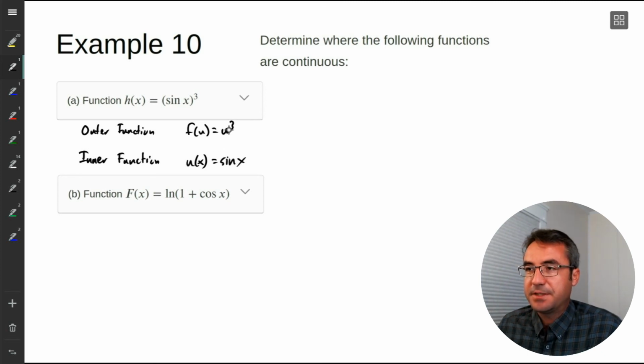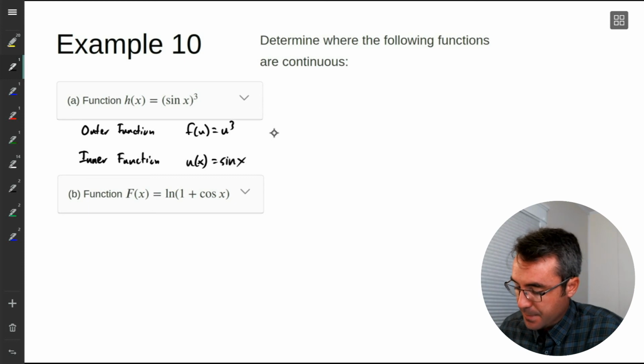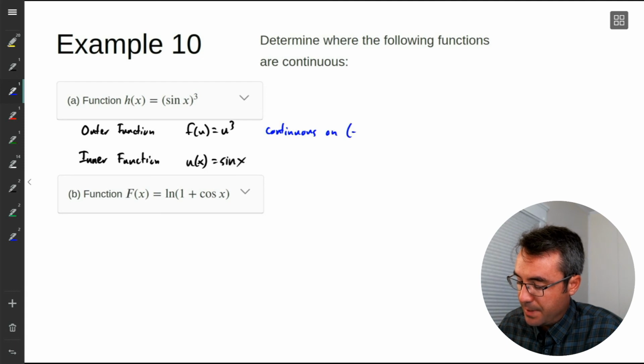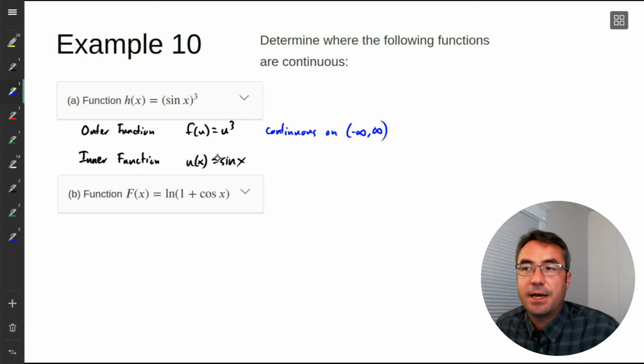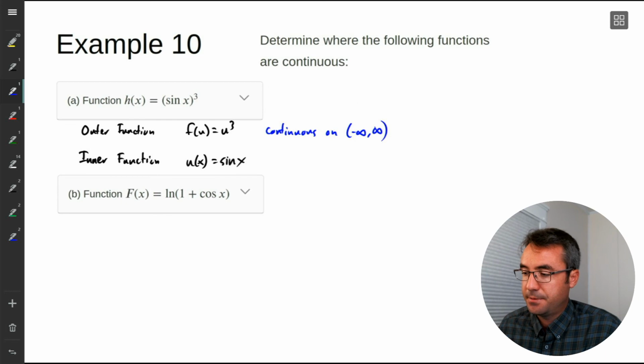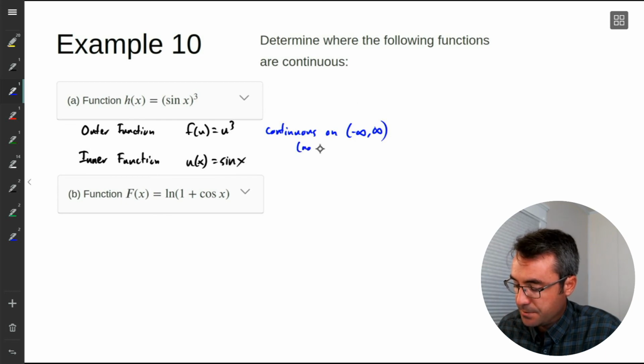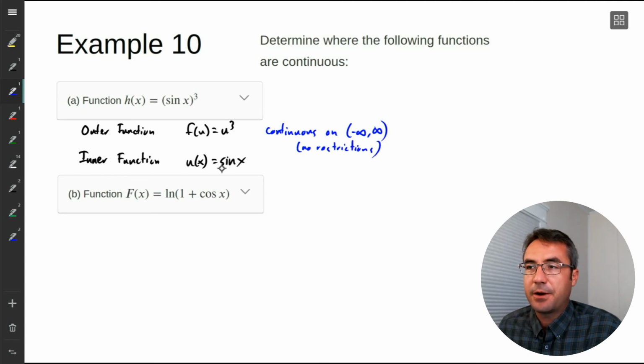But if we think about each of these pieces on their own, the cubed function is continuous on the interval from minus infinity to infinity. And so this puts no restriction on what's happening with our inner function. Any number that our inner function spits out, our outer function is going to be continuous there. So there's no restrictions. And then our inner function, sine x, is continuous for all real numbers as well.